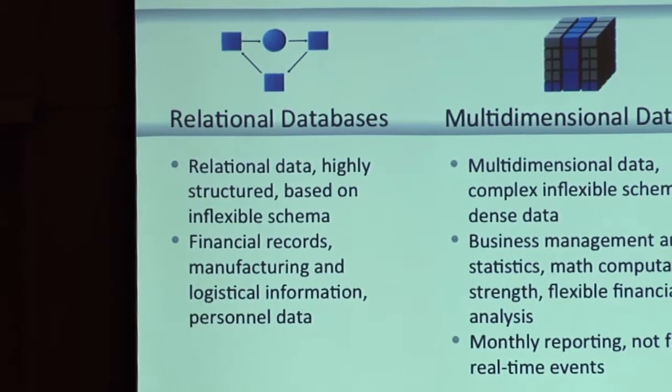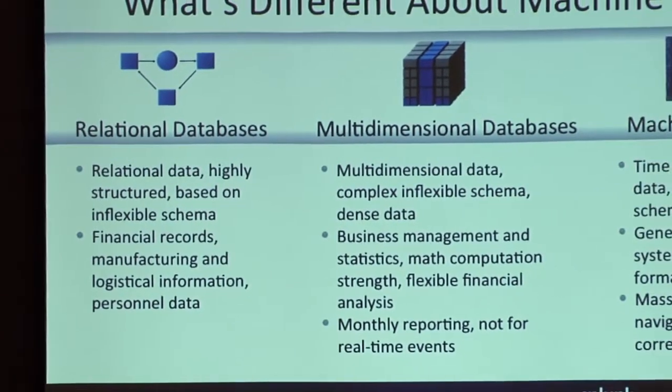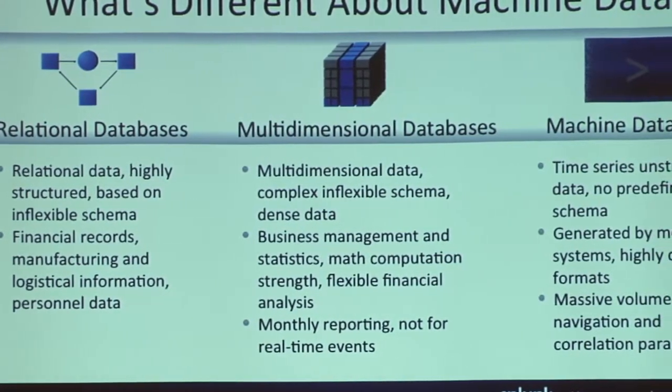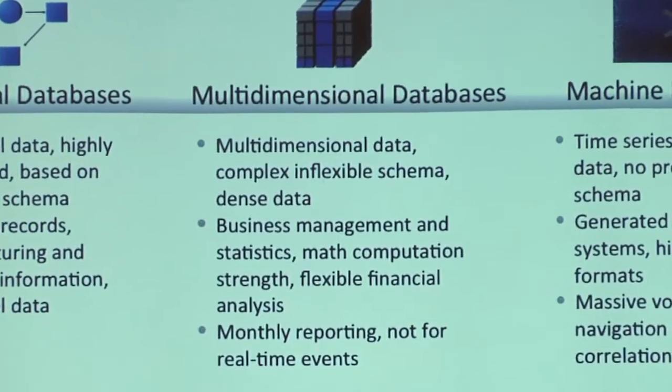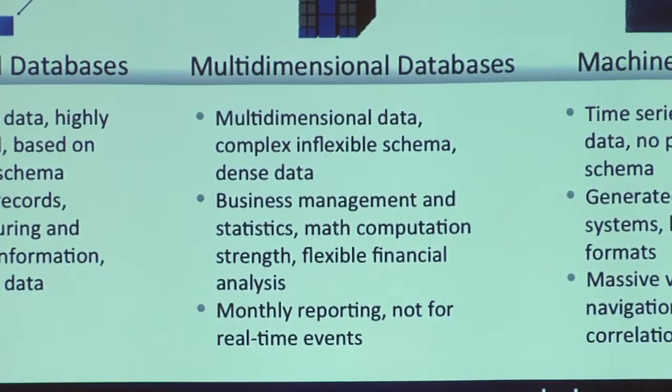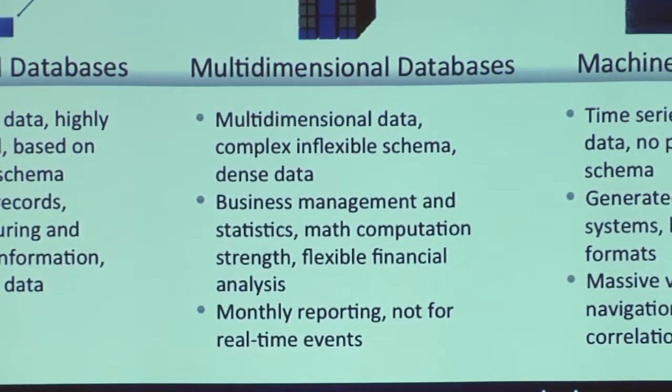Multi-dimensional databases are really great for statistical data. These are called cubes, like an OLAP cube. That's really good for large amounts of statistical data, but you're still not very flexible.